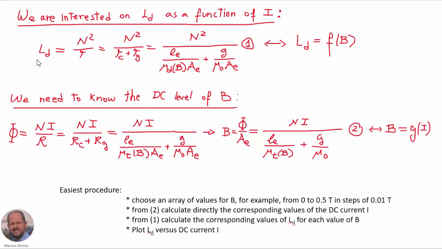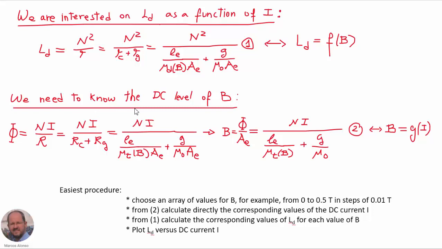We have seen in the previous slide this expression here for the differential inductance, the number of turns squared divided by the small signal reluctance, and the small signal reluctance has this expression here, in which we have the differential permeability, which depends on the magnetic flux density B. So we can see here that with this equation number 1, we have an expression in which the differential inductance is a function of the DC level of the magnetic flux density B.